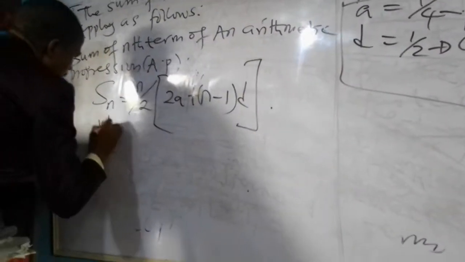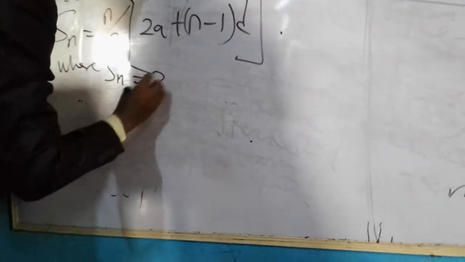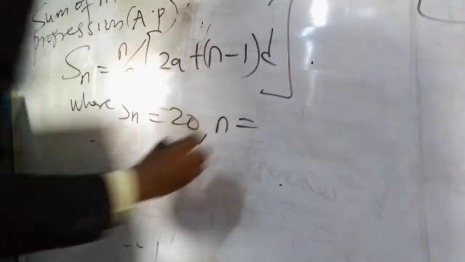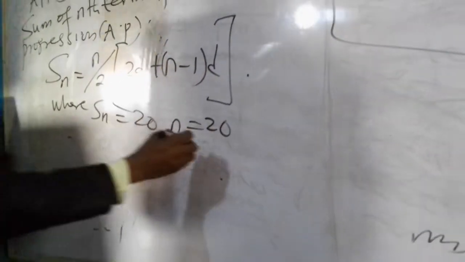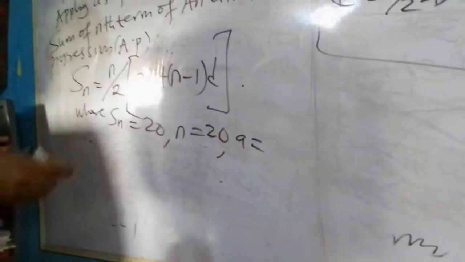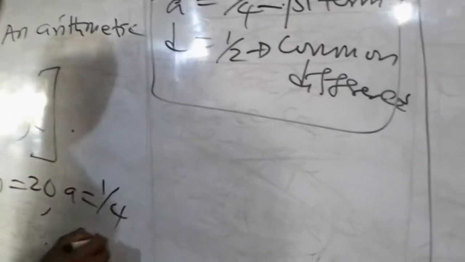Where n is 20, our number. Our a is given to us to be 1 over 4. Our difference that we have there is 1 over 2. Substitute.